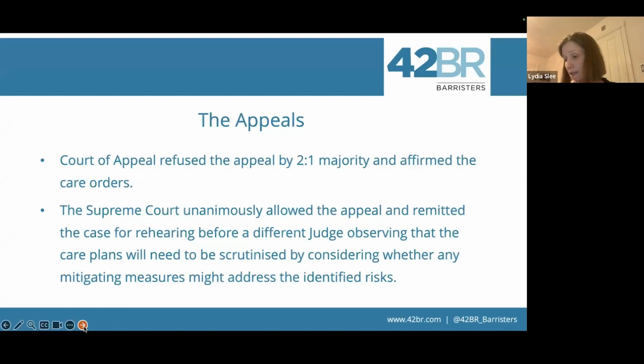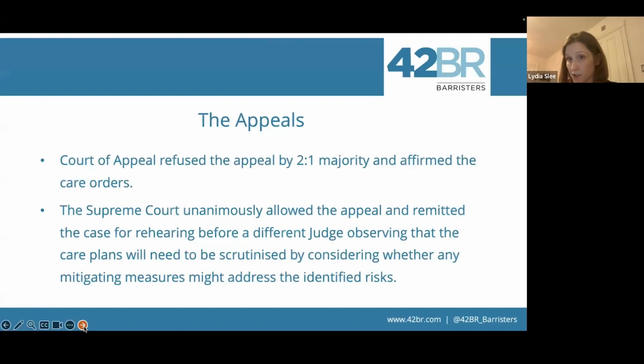The parents continued, and they appealed to the Supreme Court on the same basis upon which they appealed to the Court of Appeal, and the Supreme Court in fact identified 2 questions when looking at the appeal, which we will deal with in turn shortly.